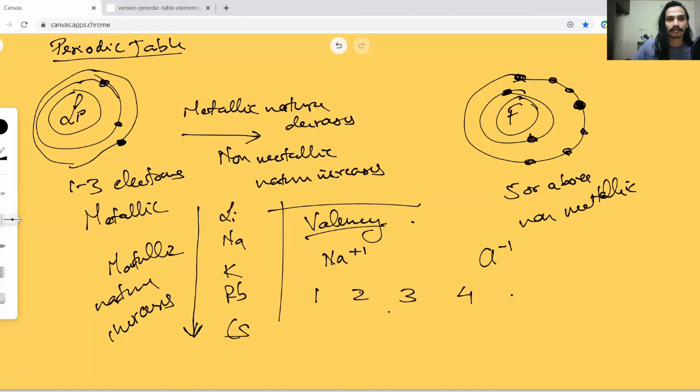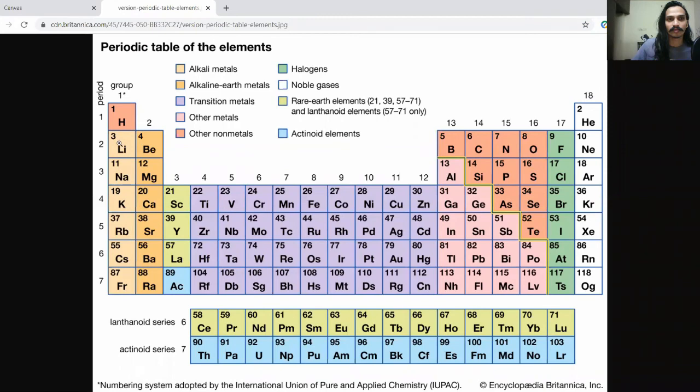Once it hits 4, it starts to reduce again: 3, 2, 1, and in the end it becomes 0. Lithium is 1, beryllium is 2, boron is 3, carbon is 4. Then nitrogen becomes 3, oxygen is 2, fluorine is 1, and neon is 0. This entire ending column has 0 valency, basically because they do not react with anyone. They have no combining power.